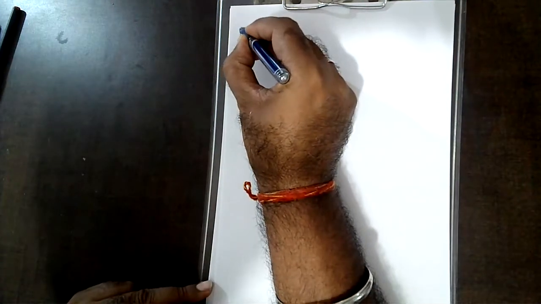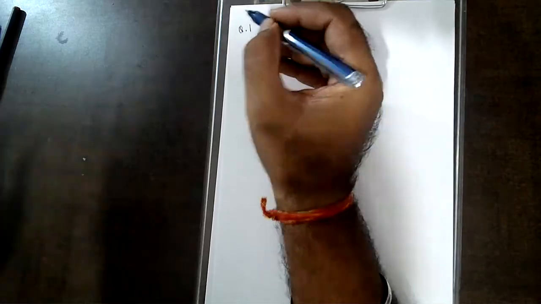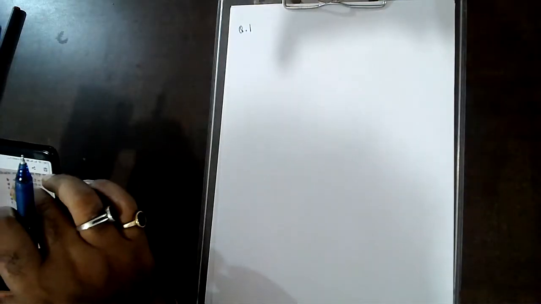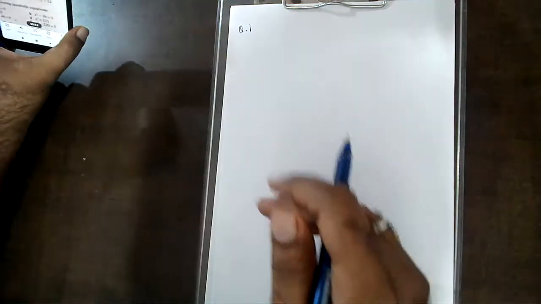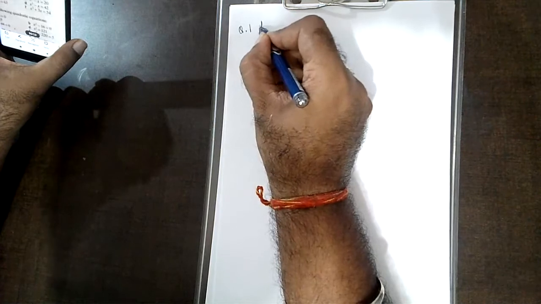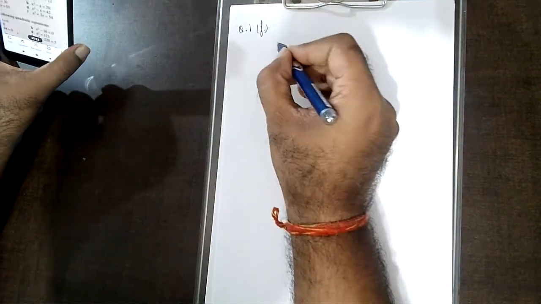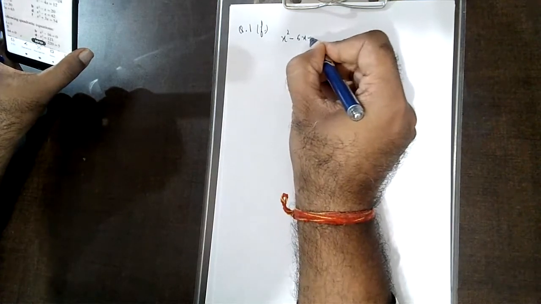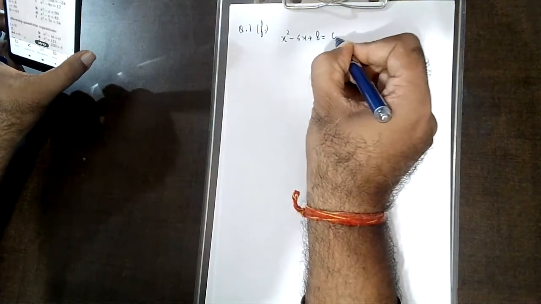Question number 1. Let us take the question x square minus 6x plus 8 is equal to 0.